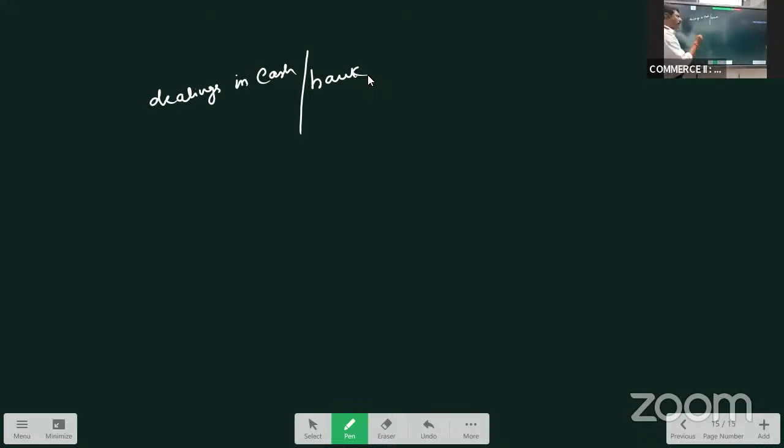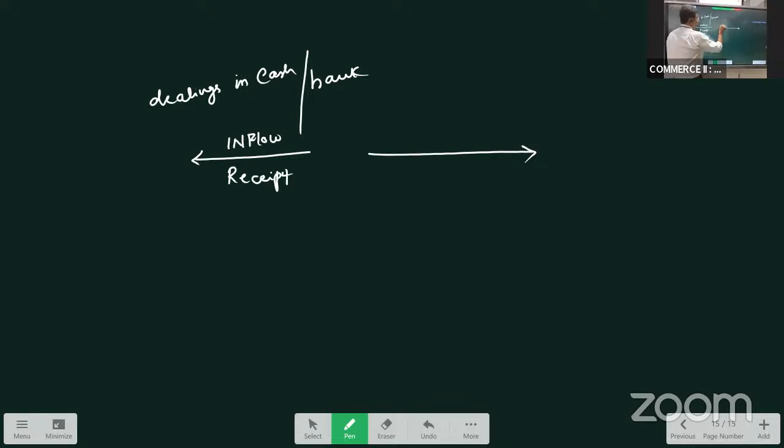How do we prepare it? Again, we follow the same rule. If there is an inflow of cash, if there is an outflow of cash. Suppose there is an inflow of cash, we treat it as a receipt. If there is an outflow of cash, we treat it as a payment.